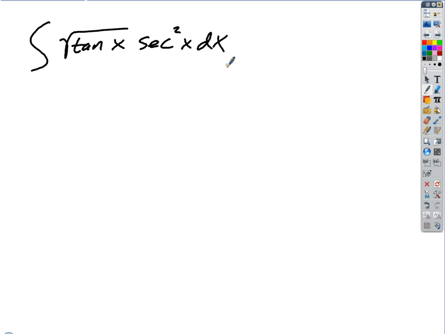If you think about your trig derivatives, you know that secant squared is the answer to one of them: the derivative of tangent is secant squared. So that secant squared pops out as much, if not more, than what the u would be here. The u might be obvious to you also.